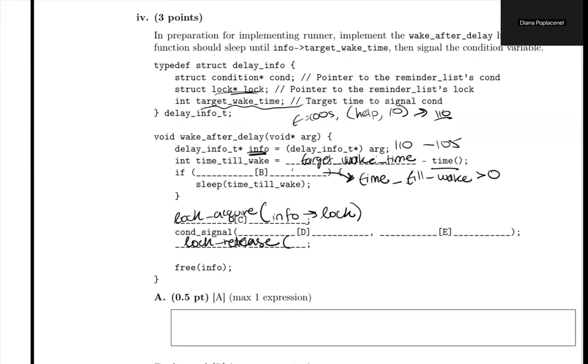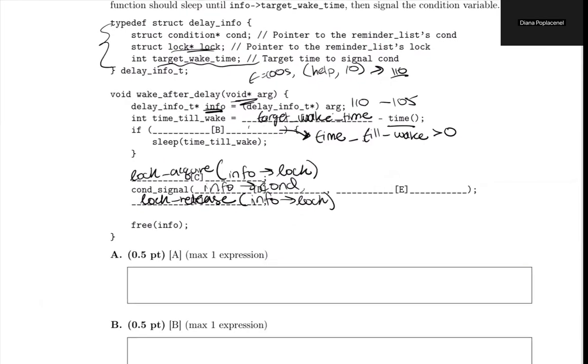So just based on inference, if I have a cond signal and my only argument to this function is this delay info struct, I can kind of intuitively discern that I'm going to acquire the lock that's given in the argument. That's the only lock I have to work with here. And I'm going to release the same lock, and same with the condition variable. So I'm going to signal the cond in the delay info struct, and I'm going to pass in the lock for that condition variable.